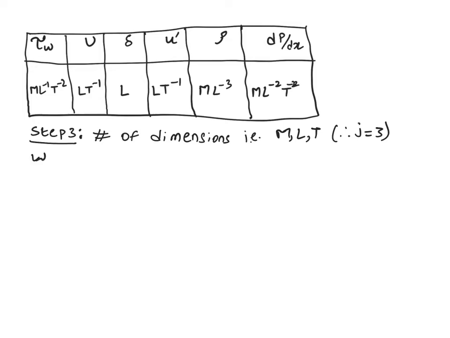We can find three variables which do not form dimensionless groups.